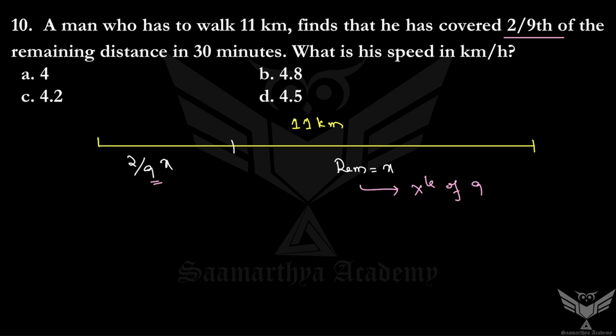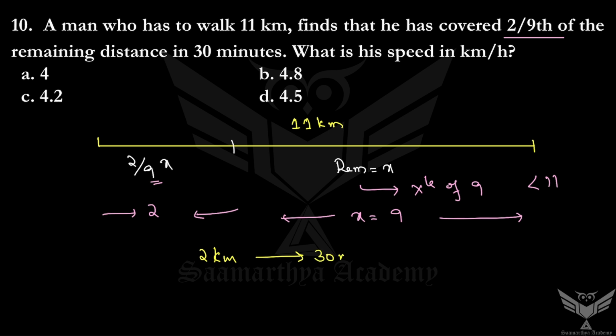Now which number less than 11 is a multiple of 9? That is 9 itself. So x is equal to 9. 2 by 9th of x is 2. So this distance is 2. Remaining is 9. So basically he is covering 2 kilometers in 30 minutes.